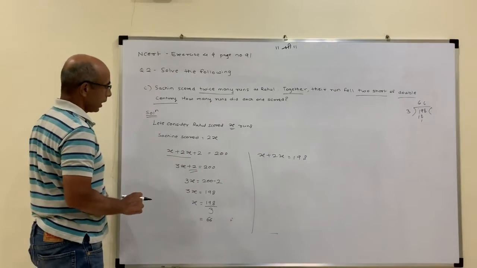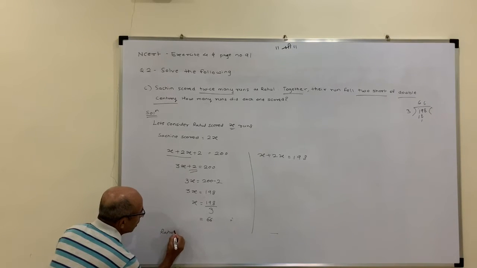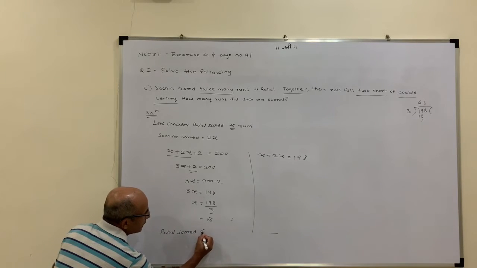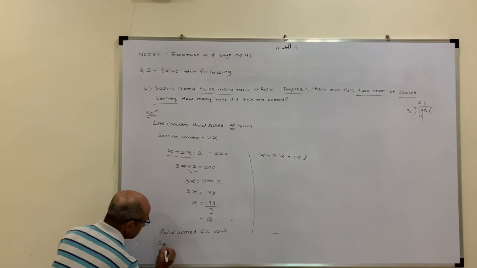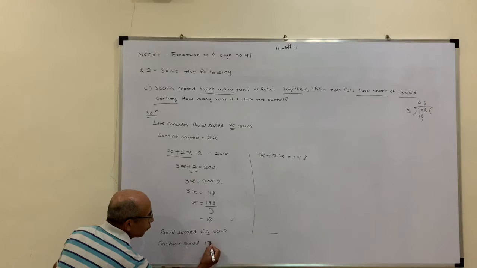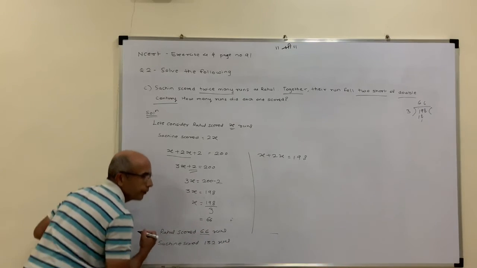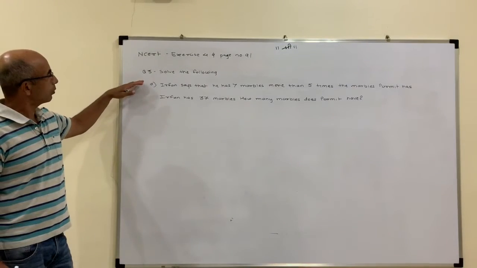So now Rahul scored 66 runs and Sachin scored twice of Rahul. Twice of 66, that is 132 runs. That's all. Question 3.